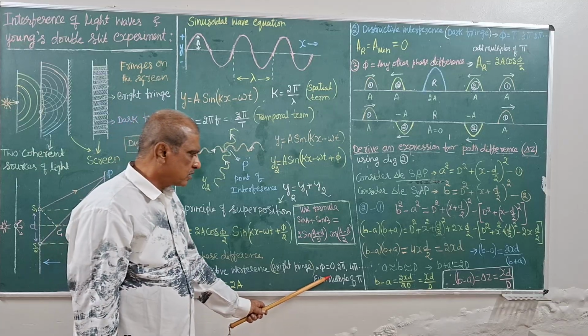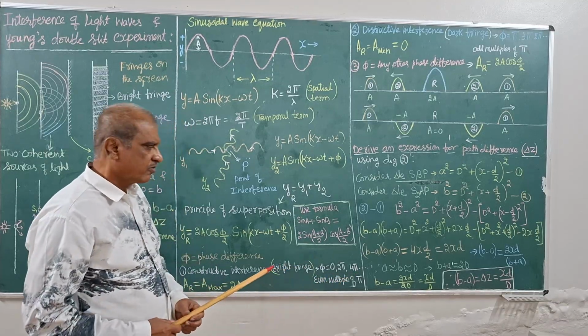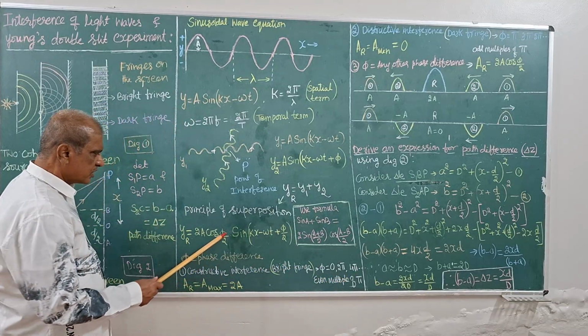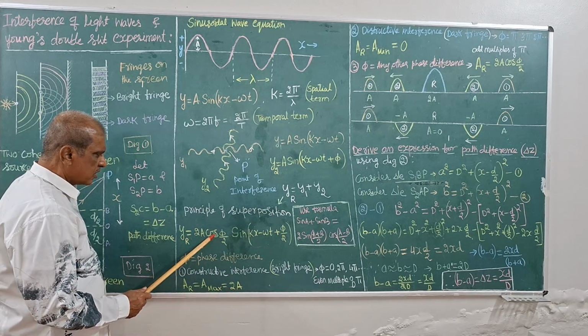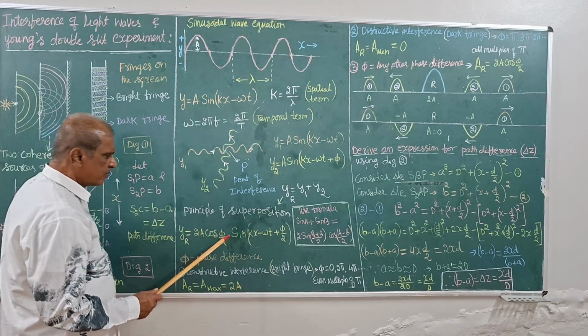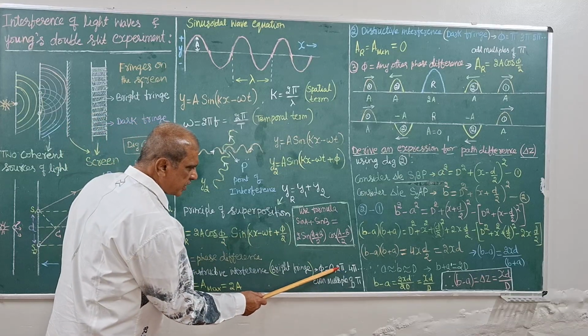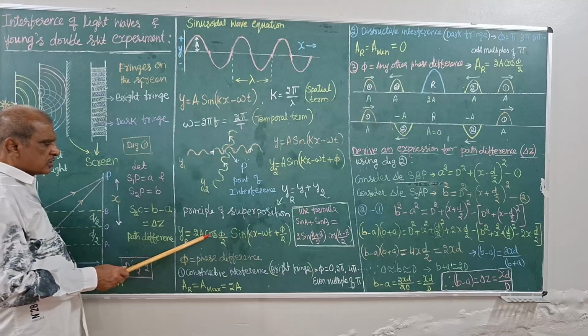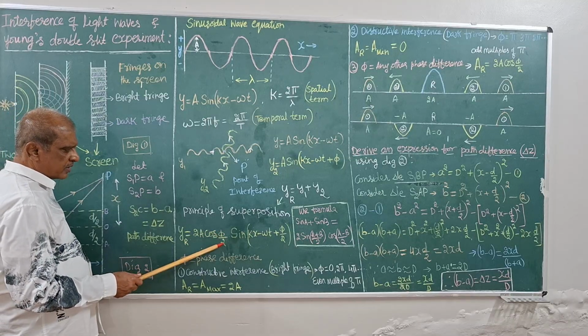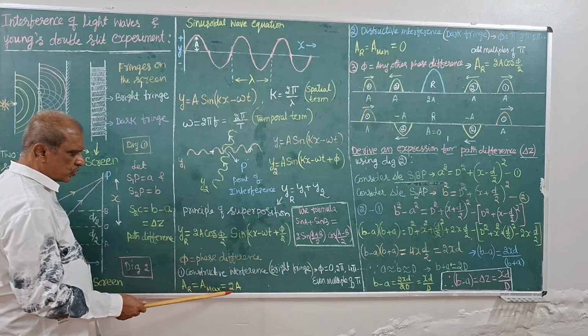For these standard values of phase difference, what is the value of this? This value equals 2a, because cos of pi by 2, that is, this by 2, is always 1. So cos of pi by 2 is always 1, and it becomes 2a.